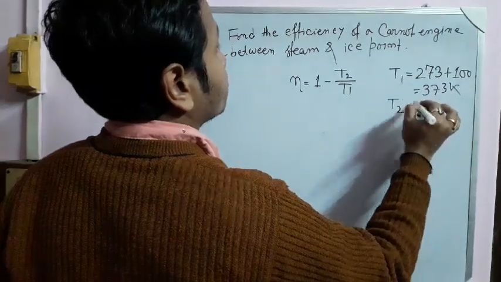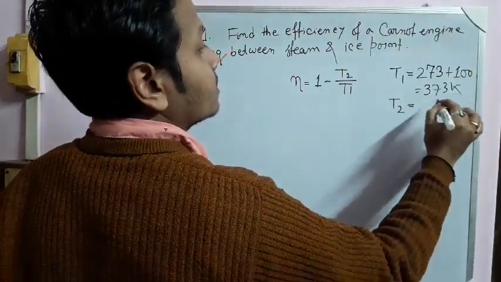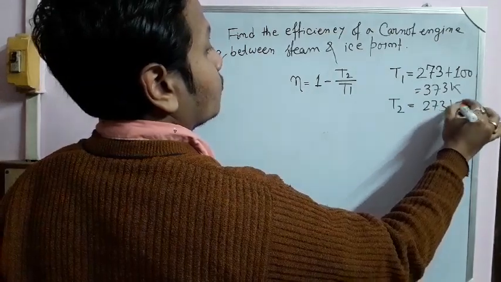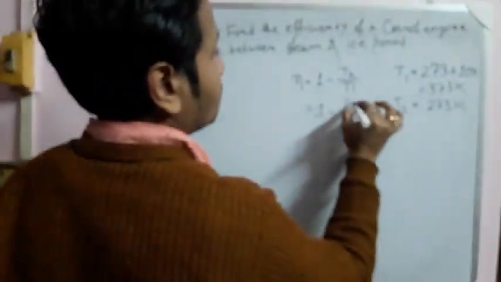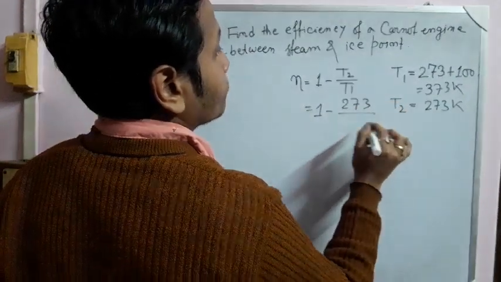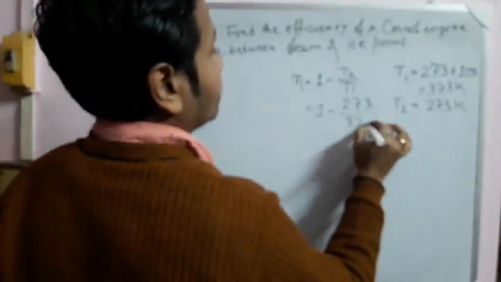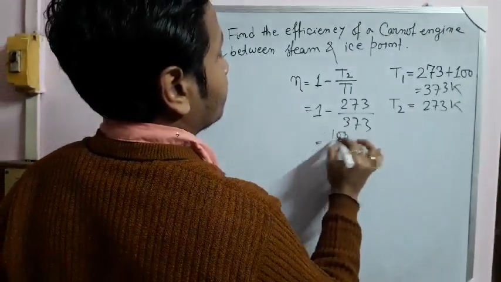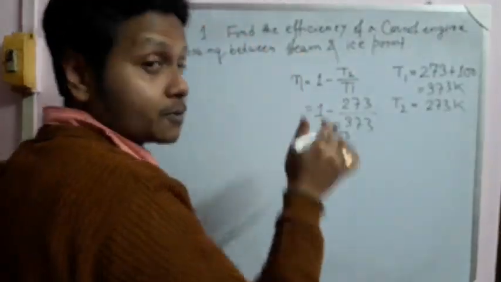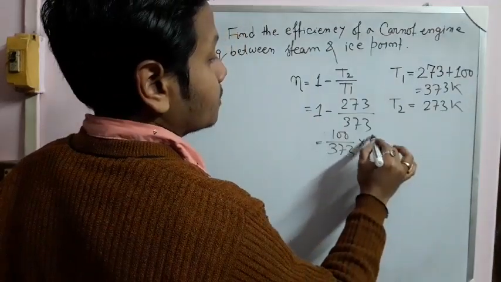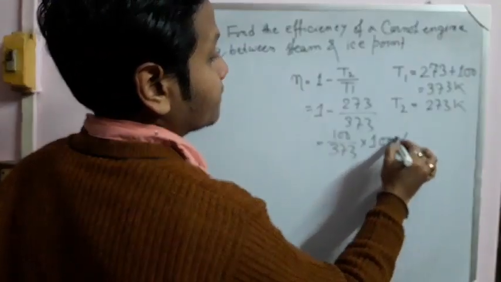And what is T2? Basically the ice point, 0 degree Celsius. So you can easily get the efficiency. Substitute 273 by 373, that means 100 by 373. Since the efficiency can be expressed in terms of percentage, you can multiply it by 100 and write it as percent.